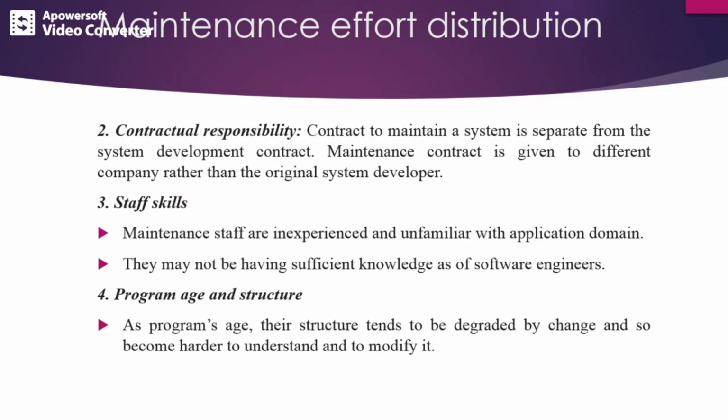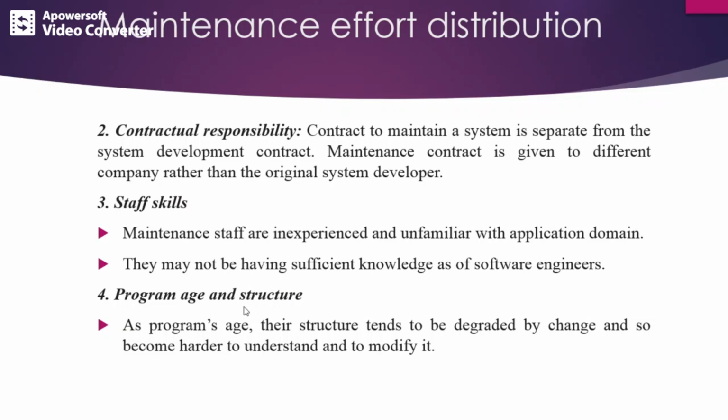Because they are inexperienced and they are not familiar with the application domain, whatever application technologies you are using, like CSS, JavaScript, or Python, etc. They are not familiar with it. So they may not have sufficient knowledge as software engineers, I can tell. Correct?